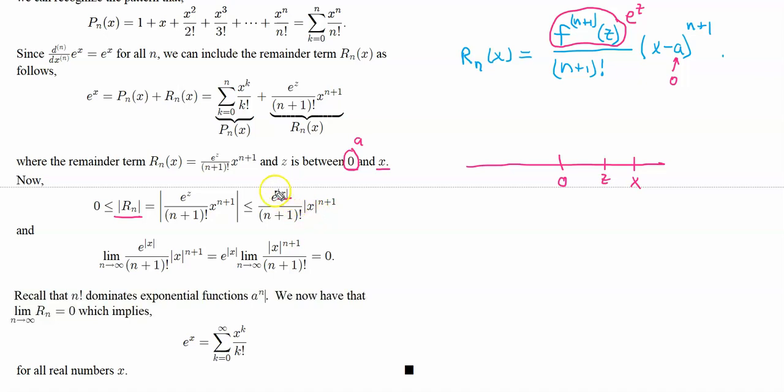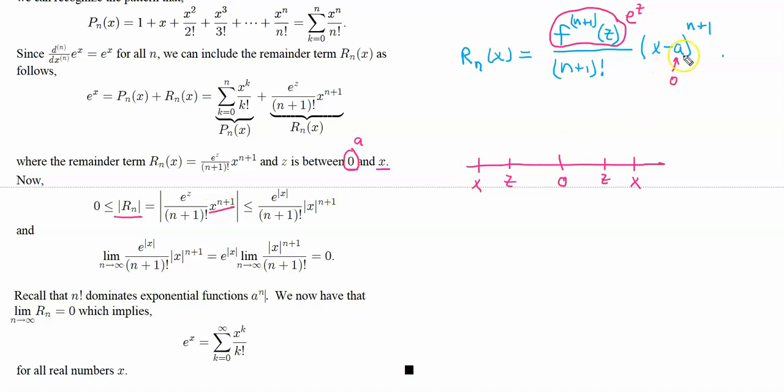The reason we put the absolute value there is just in case x is a negative number. Then your z would be over here, but we would still have this holding. E to the absolute value of x would still be bigger than e to the z. Okay, so just keep that in mind. We have x to the n plus first power.